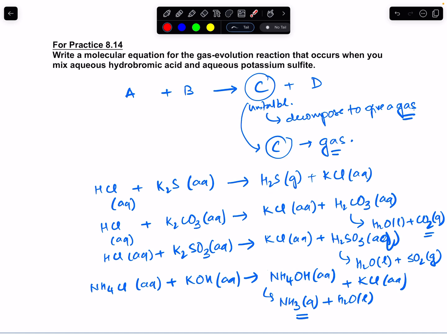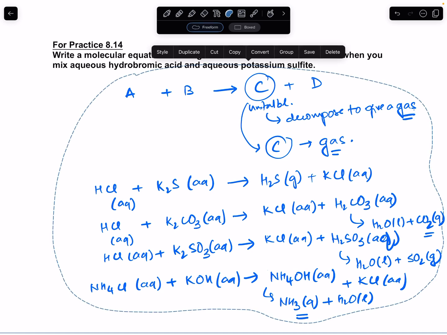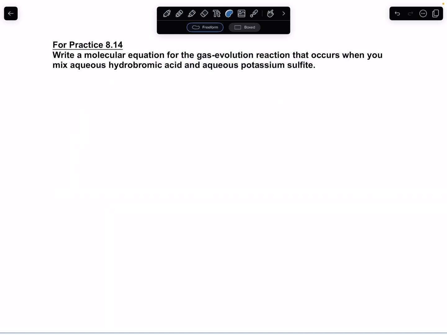All right, so now that we took a look at these scenarios, let's try to solve this problem out here. I'm going to go ahead and remove all of this from the screen so we can focus on that problem.